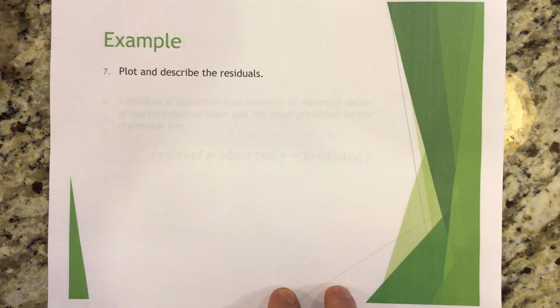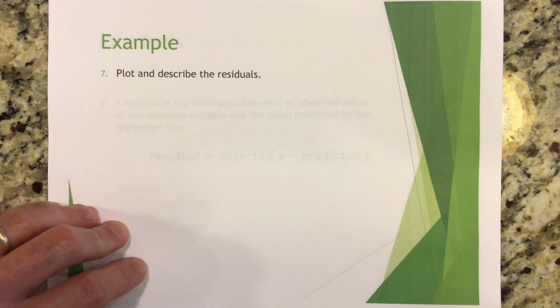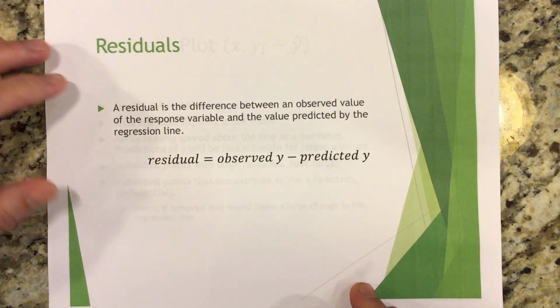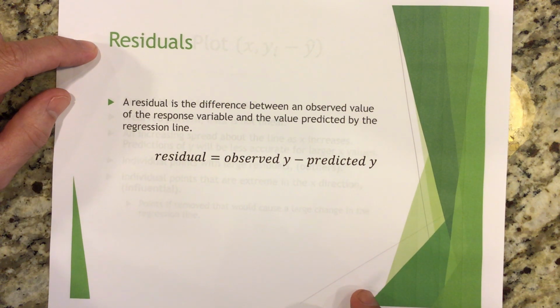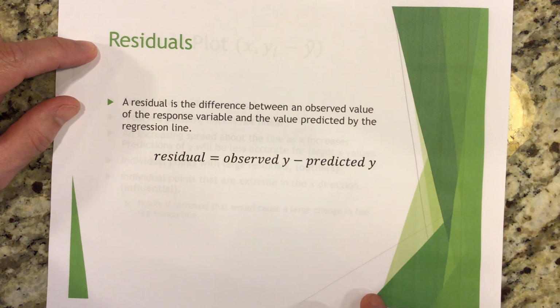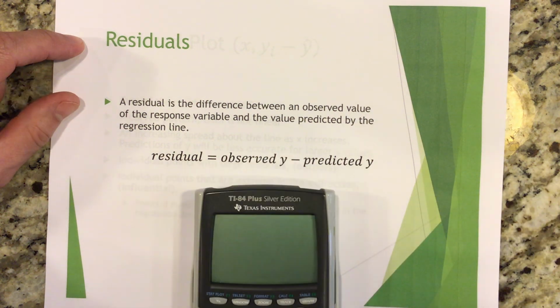All right, now we're on to question 7. Let's make that residual plot. Step 1, I need to calculate my residuals. A residual, we mentioned this last time, is another word for the error. It's the vertical distance between a point and the least squares regression line.